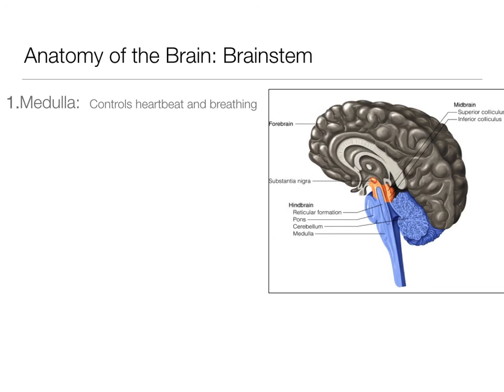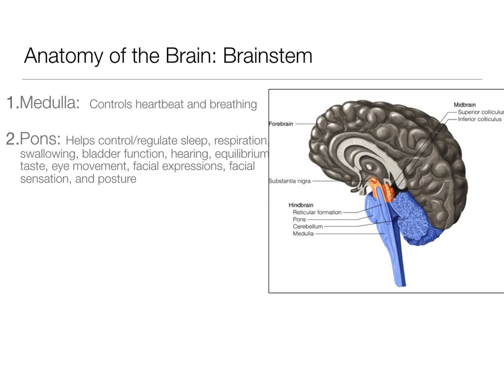And you can see why this is an older evolutionary system. Every animal breathes. Every animal has a heartbeat. And so, again, this is really an older part of the central nervous system. The pons, that is going to be our second bump going up the brainstem, and this is really helping us regulate sleep and respiration, swallowing, bladder function, hearing, equilibrium, so kind of balancey kinds of things a little bit, taste, eye movement, facial expressions, facial sensation, and posture.